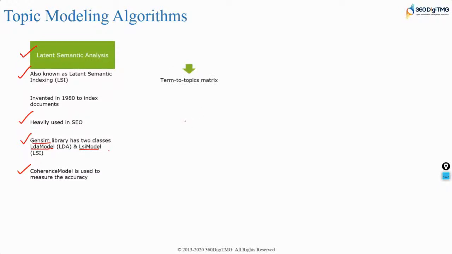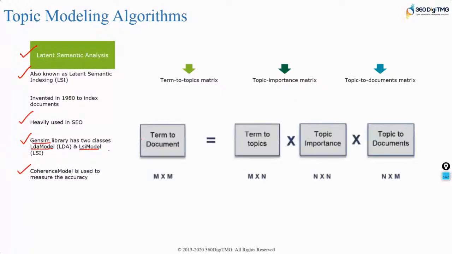Then you have the terms to topics matrix, topic importance matrix, and topics to document matrix. What are these three? Simple. Whenever unstructured textual data is provided to you, that would be in unstructured format. How do you convert that to a structured format?